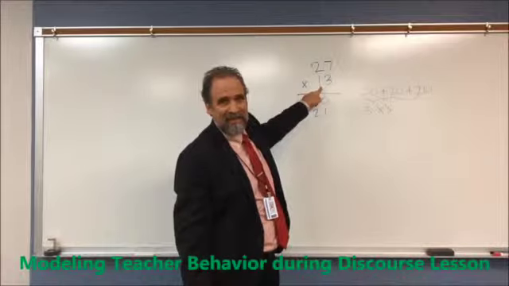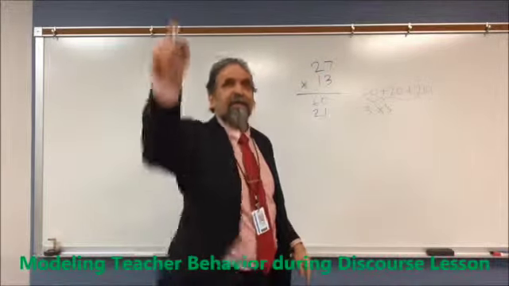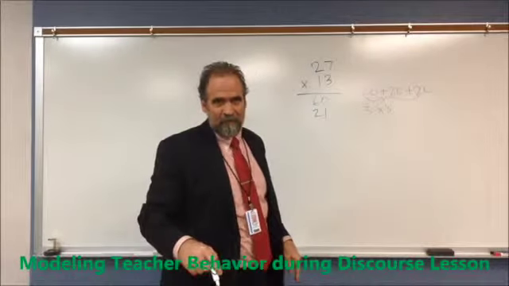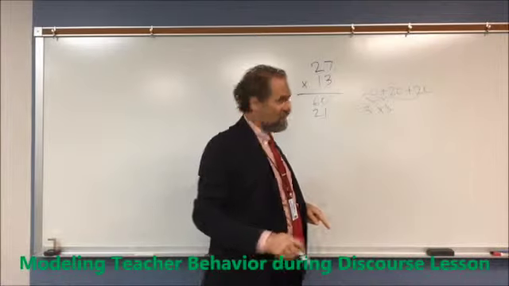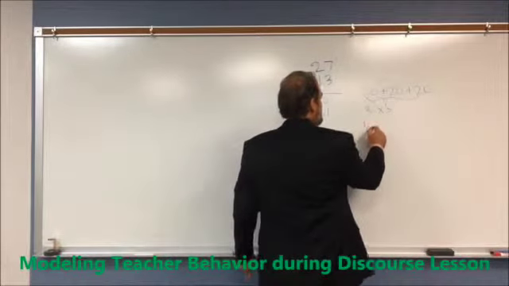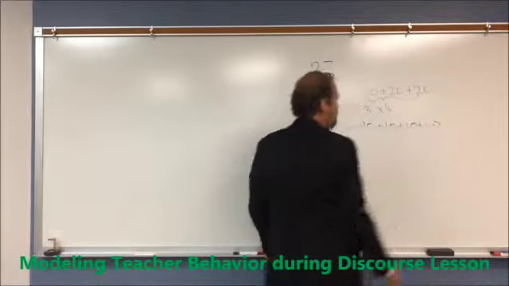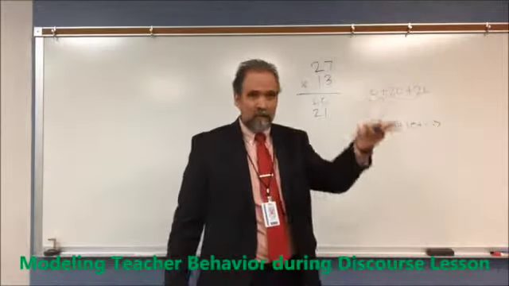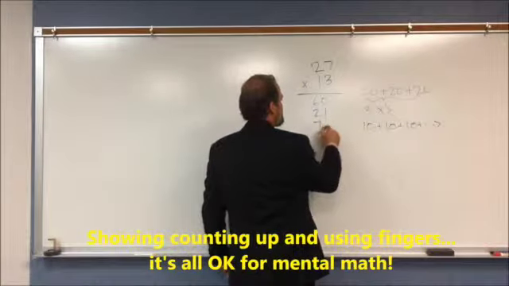We learned that that was a 10. So we're multiplying this 27 now not by 1, but by what? That's right, by 10. So what is 10 7's, or 7 10's? It doesn't matter which way you think about it. If I do 10, 20, 30, 40, 50, 60, 70, so 10 sevens is 70.